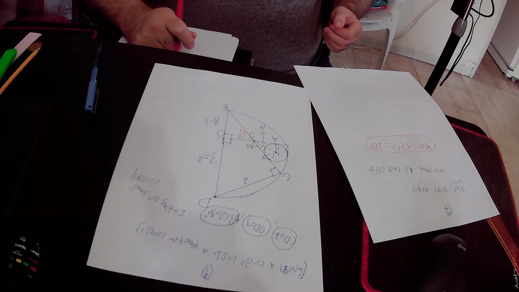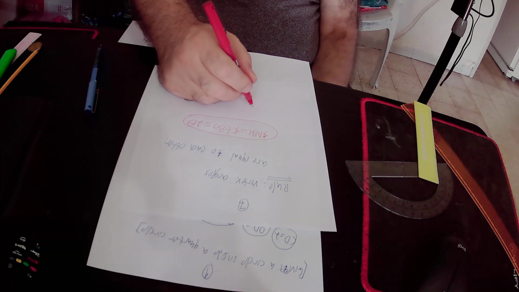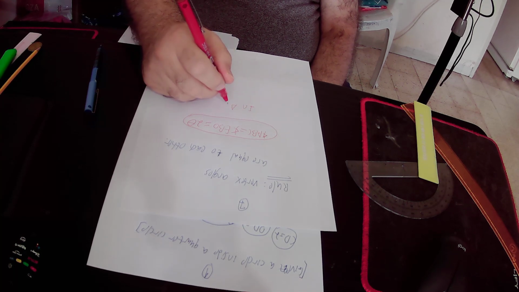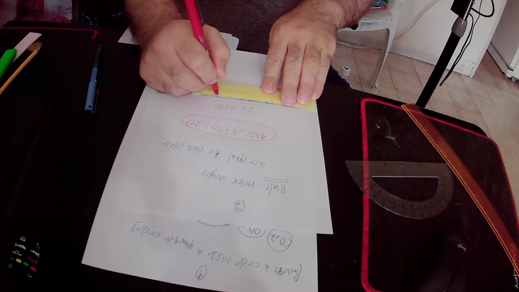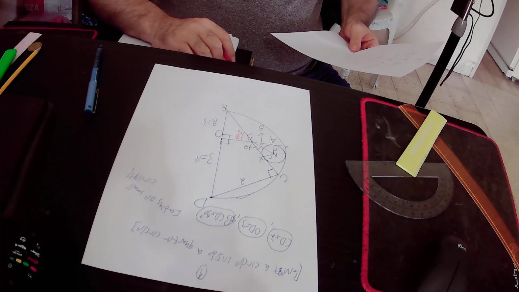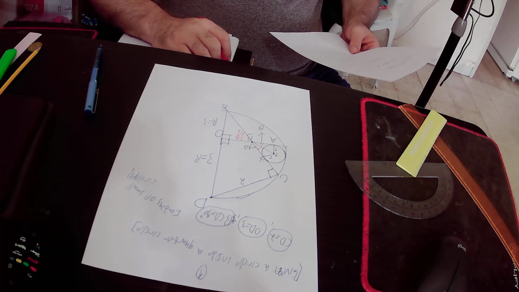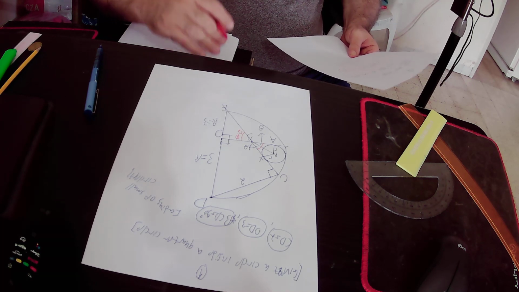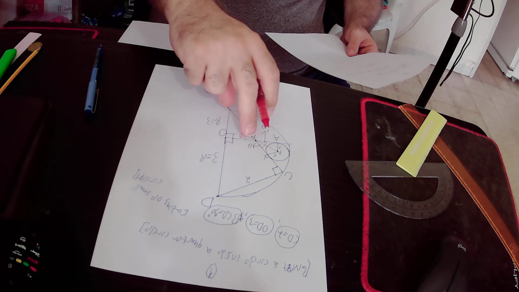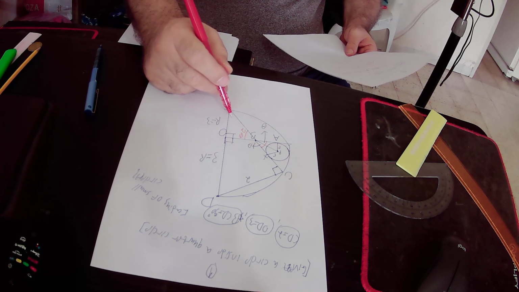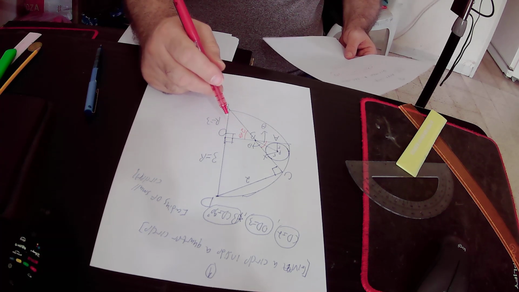Okay, and in the right triangle EBO, the sum of the angles is equal to 180 degrees, but we know that angle EOB is a right angle, it equals 90 degrees, so the sum of those two angles must also equal 90 degrees in order to complete the sum of the angles in triangle EBO to 180 degrees.